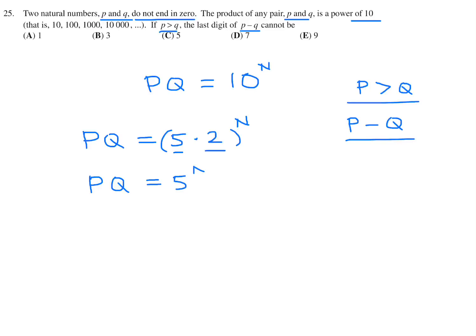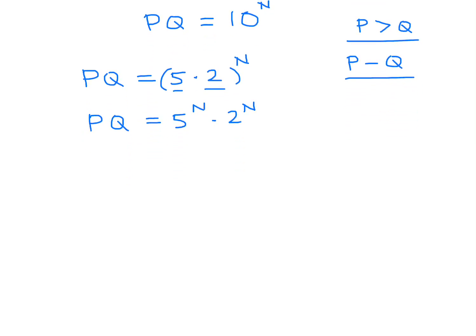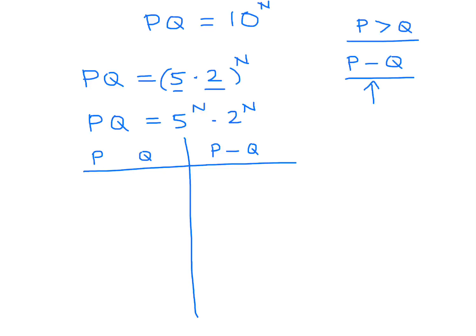So this becomes 5 to the n times 2 to the n. Then what we have to do is make a table for P, for Q, and then P minus Q, which is what we've been asked to find, for values of n.